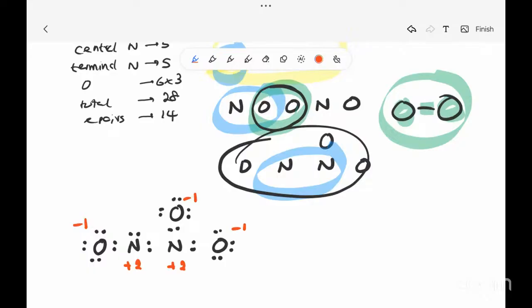What I can do is take 2 lone pairs from oxygen here. Then 8 electrons is completed for the second nitrogen atom. I will do the same here as well, right? Because of that, this one gets +1, this one -1, this one +1, and this one -1.